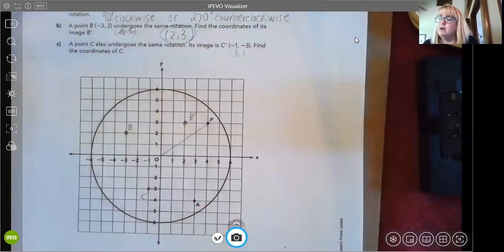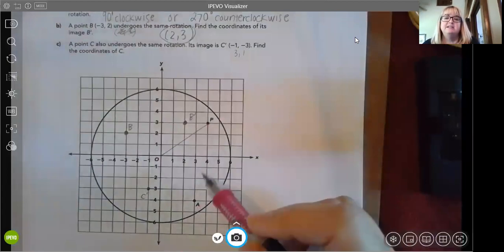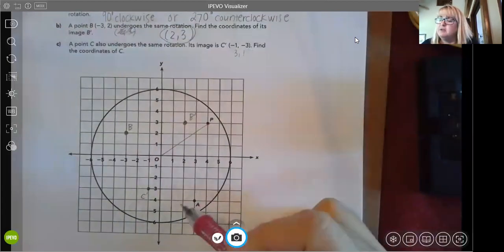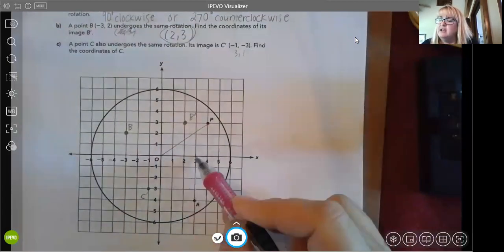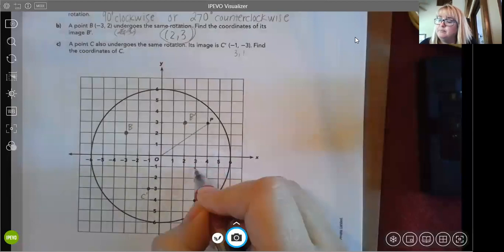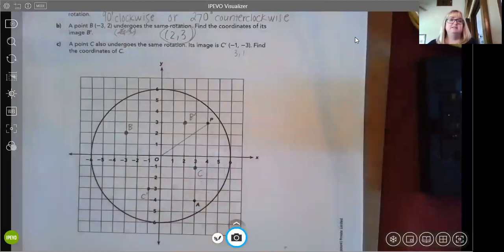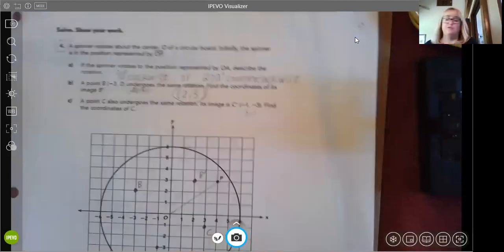Okay, I need 3, 1. I need to go over 3 and up or down 1. So I need it to be in this quadrant. So I'm going to go over to the 3. And if I go up 1, I'm in the wrong quadrant, so I have to go down 1. So that is the original C. Whew, that's a lot, isn't it? All right, so that is 4.